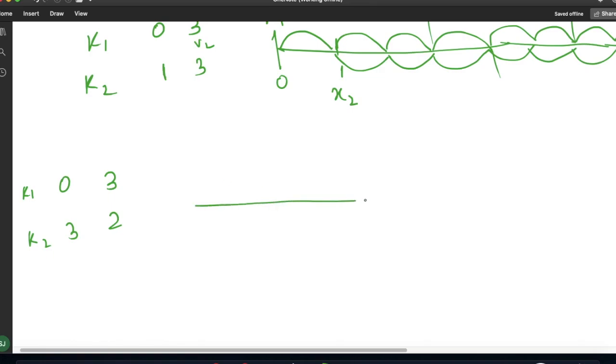So on a number line, x1 is present at 0 and k2 is present at 3. This is x2. Now at a time x1 is jumping 3 meters, so 1 2 and 3 for the very first iteration, and k2 is jumping only 2, so 1 and 2, it will reach here.